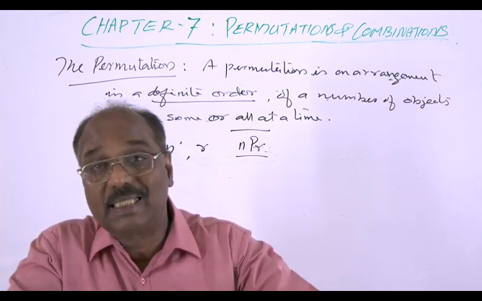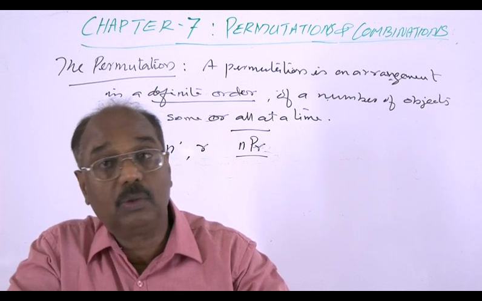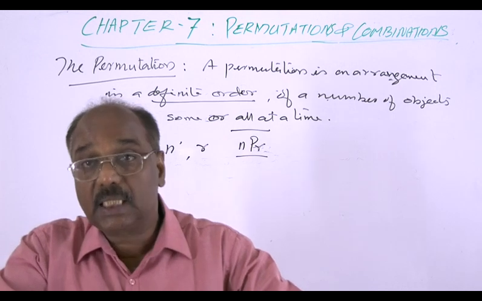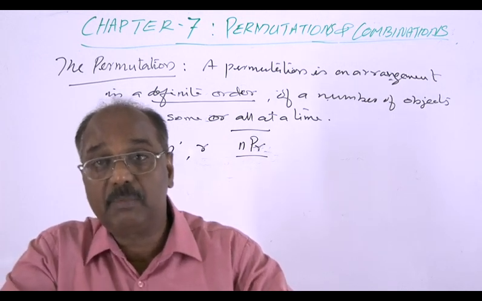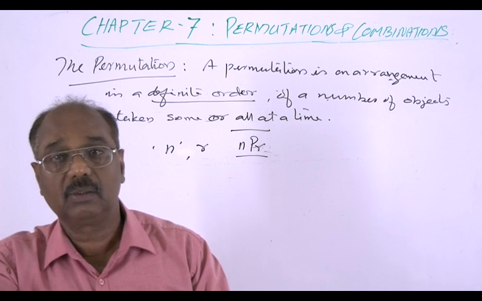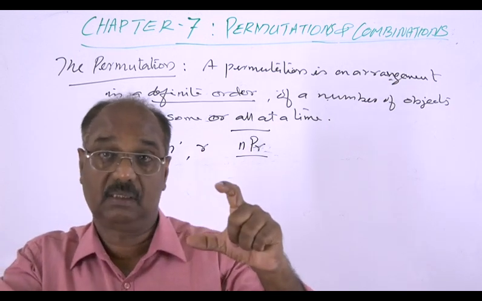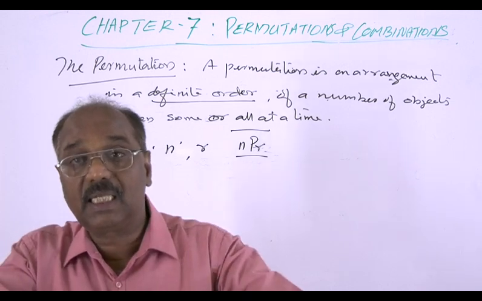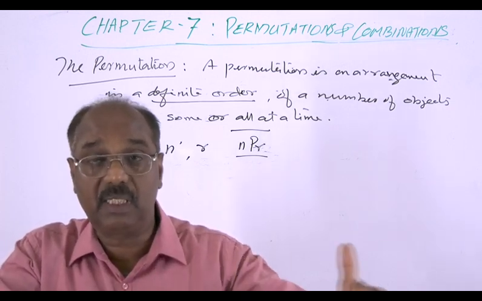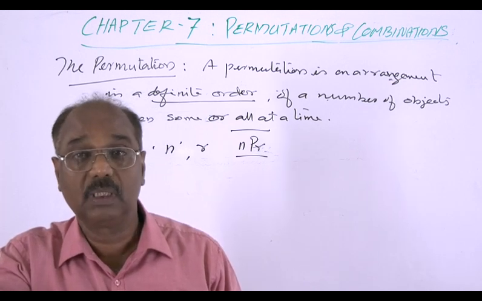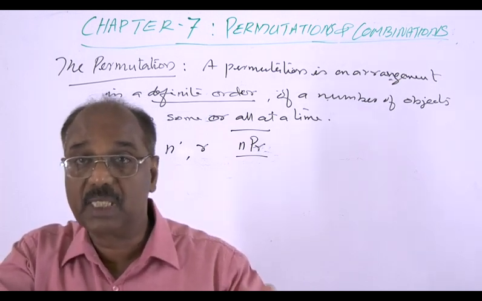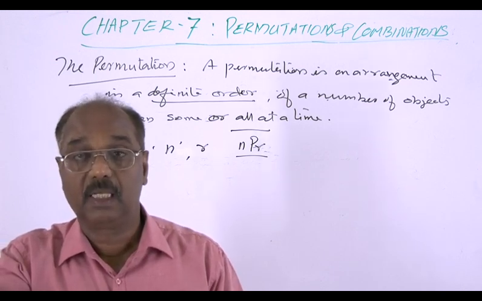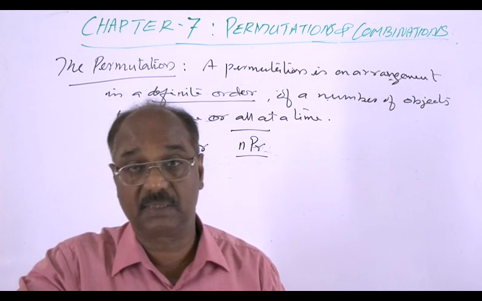Before discussing the theorem, we need to know one thing. A permutation is the arrangement in a definite order of a collection of objects. That collection may have different objects, or some objects may be repeating. The two cases are different.